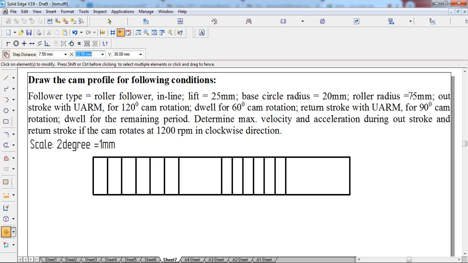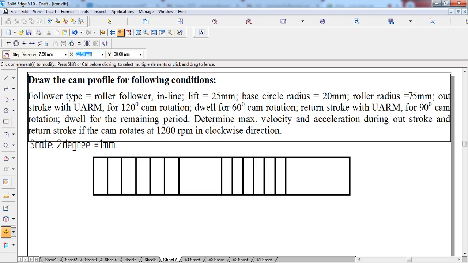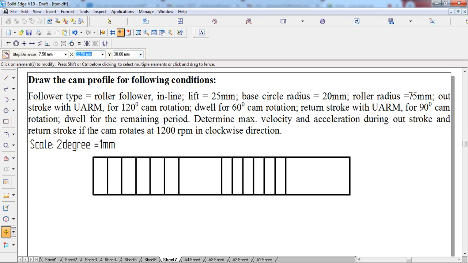So you'll get like this. Next, I will divide this into 6 equal parts now. So here also at the top side I will take.